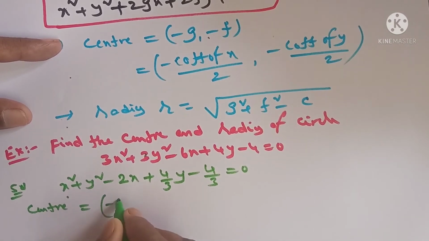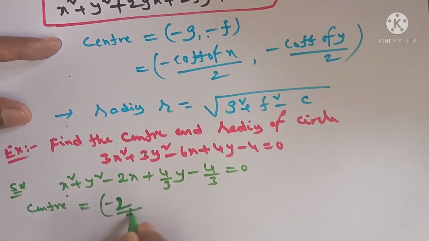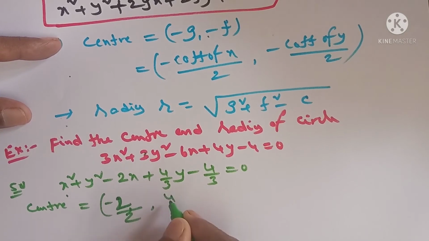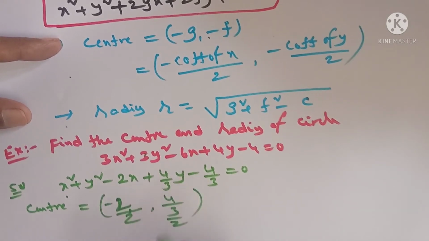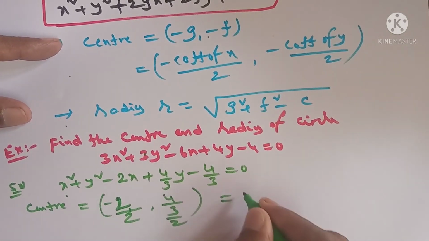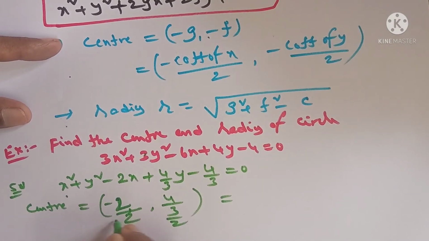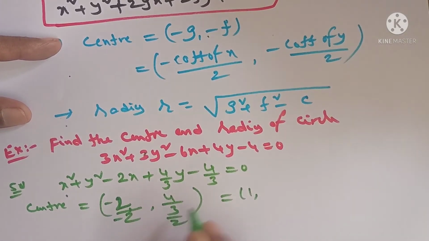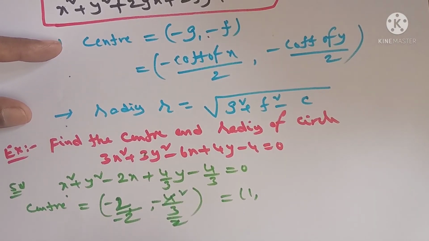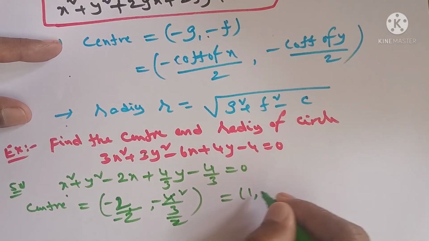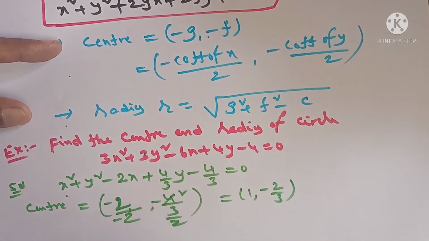Once again, minus 2 divided by 2, 4 by 3 divided by 2. This is minus of minus 1. 2 1s are 2, 2 2s are 4, so minus 2 by 3. So the center is 1 comma minus 2 by 3.